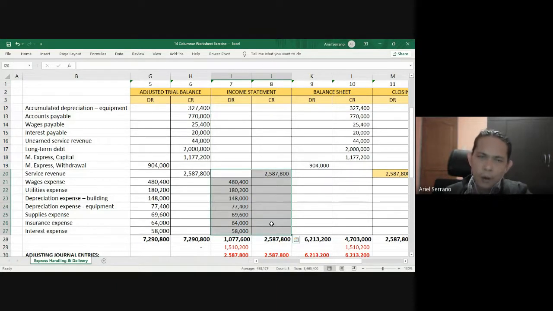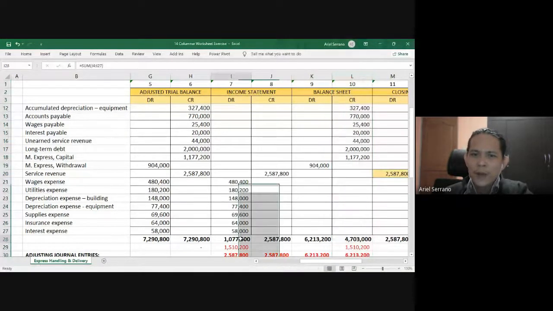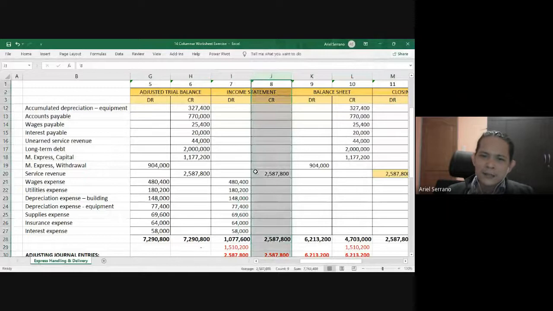But it's okay if after you tally them, after you add the balances, there is a discrepancy. For columns 7, 8, 9, and 10, it's normal for you to have a discrepancy once you add the total debits and the total credits. For example, my total credit is 2,587,800. I only have one entry here for the service. Multiple accounts here.